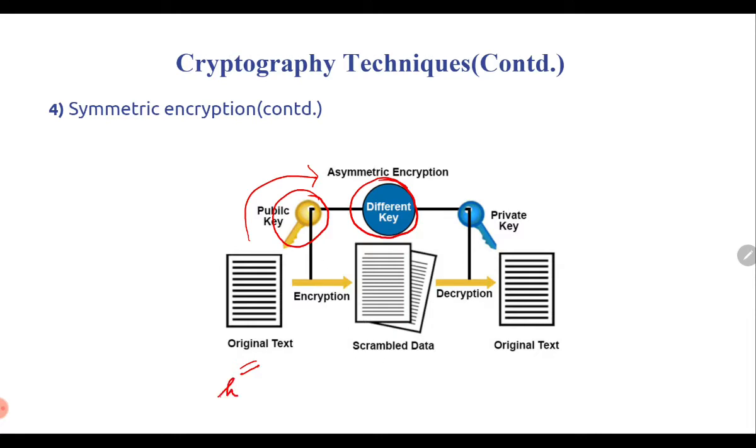Let us say the original message is hello, so we are using a key to encrypt it. Maybe this hello is represented in the form of PQRRS. So let us say we are using this key, and after using this key the representation goes to PQRRS.